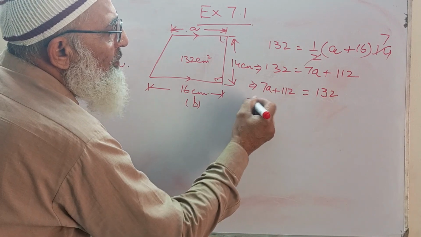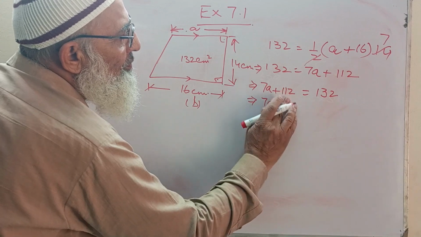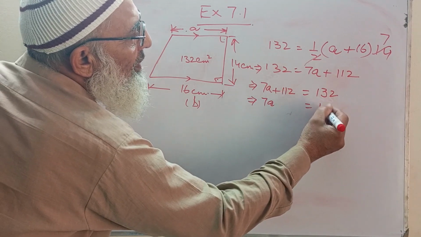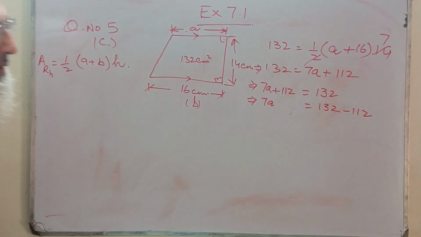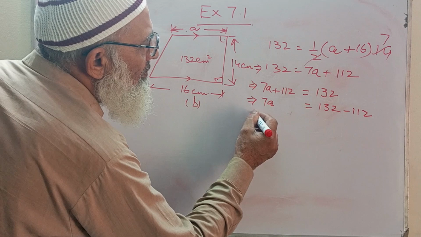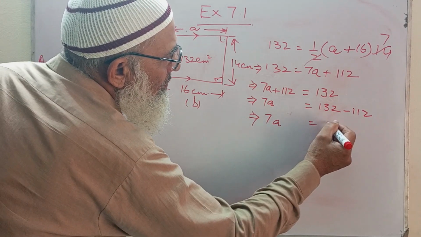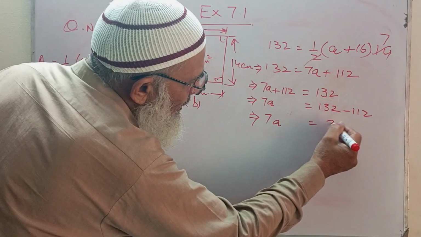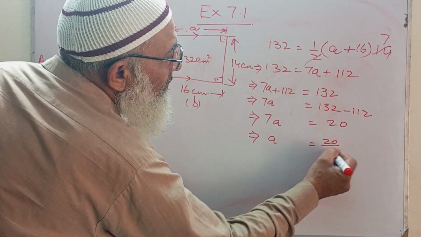Now remove this 112 from here. It will become 132 minus 112, which is 20. So 7A is equal to 20, A is equal to 20 upon 7.